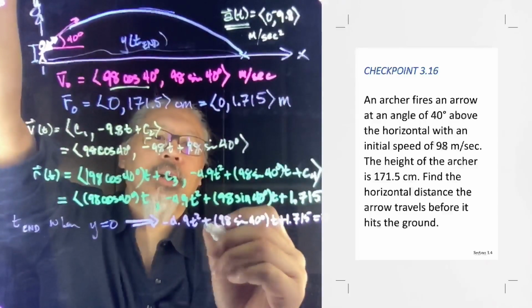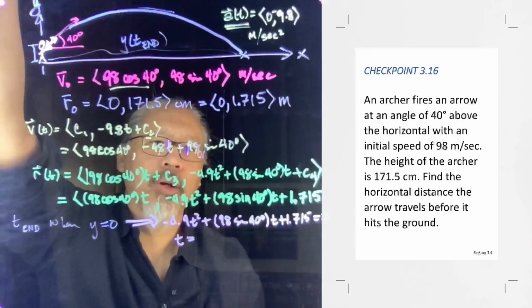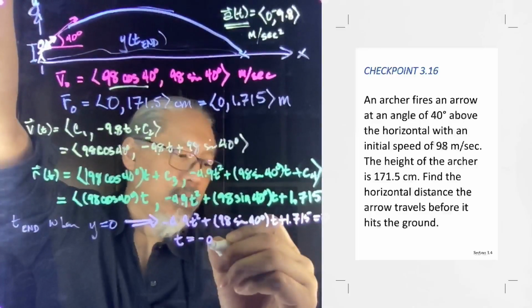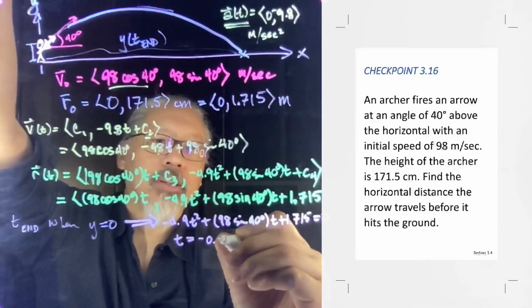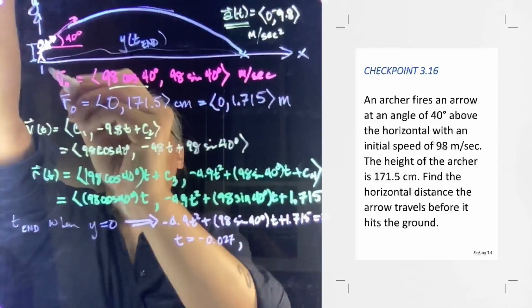I did this work already, and it's just some calculator or computer work that you can do. We got two values. I got negative 0.027 seconds for the first one, which clearly is not going to happen.